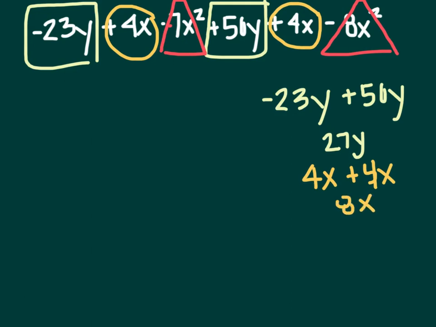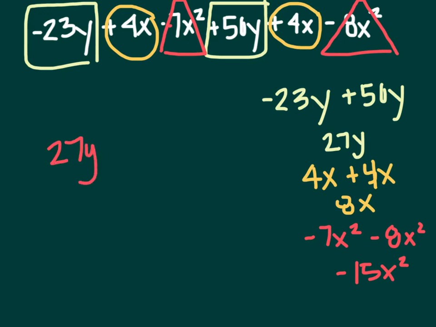And now I'll move on to my triangles. Negative 7x squared minus 8x squared gives me negative 15x squared. So for my final answer, I have 27y plus 8x minus 15x squared.